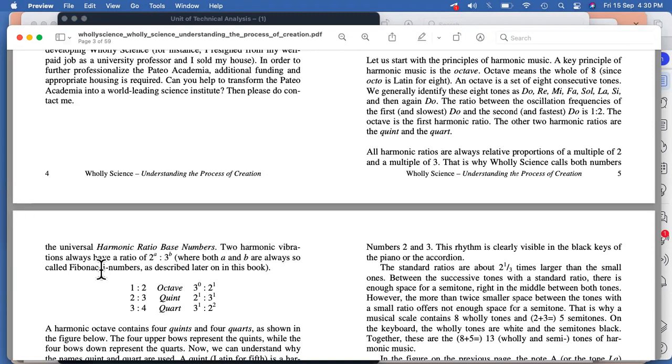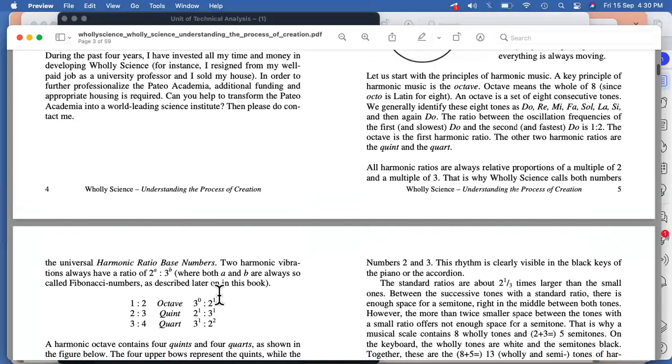Two harmonic vibrations always have a ratio of 2 raised to power A and 3 raised to power B, where both A and B are always so-called Fibonacci numbers, as described later in this book. So yes, you can have these numbers, and that is more prominent, especially. Before we jump to octaves, quint, and chord, let's try to understand more about octaves.